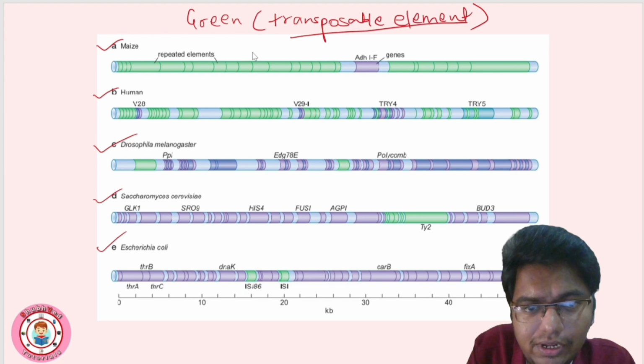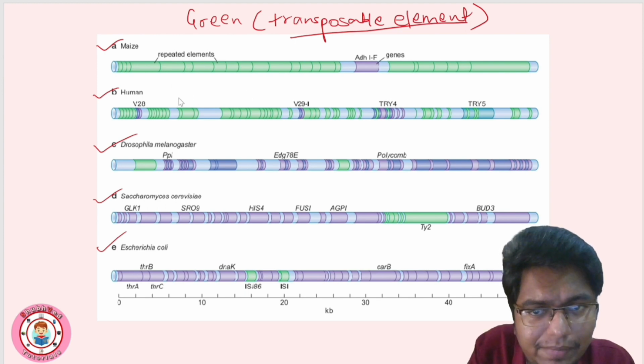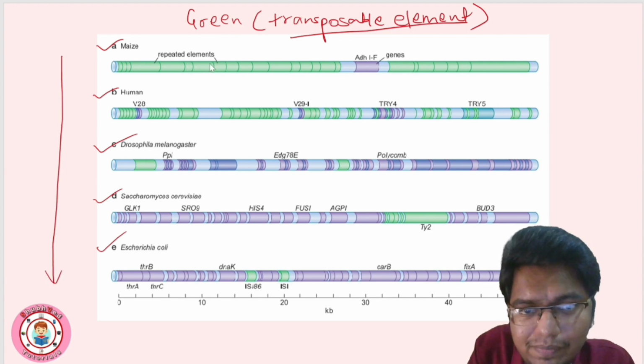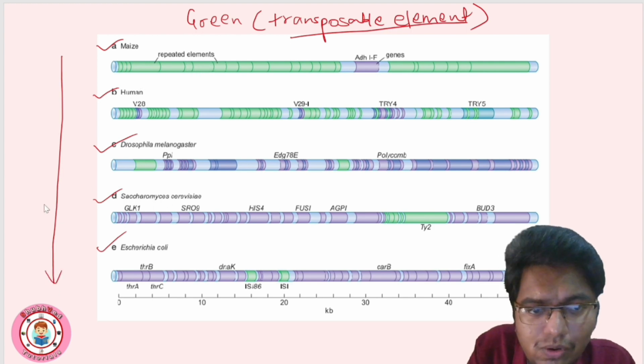So in maize we can see a very high number. Humans also have, not as much, but less than maize. Drosophila has less than humans. So like this, the number of transposable elements is decreasing.